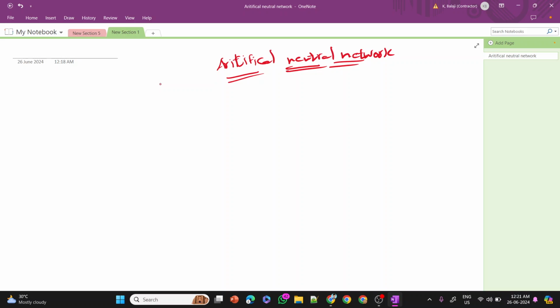Let's see the base structure of this artificial neural network. In an artificial neural network, there are three layers. First one is input layer, second one is hidden layer, and third one is output layer.